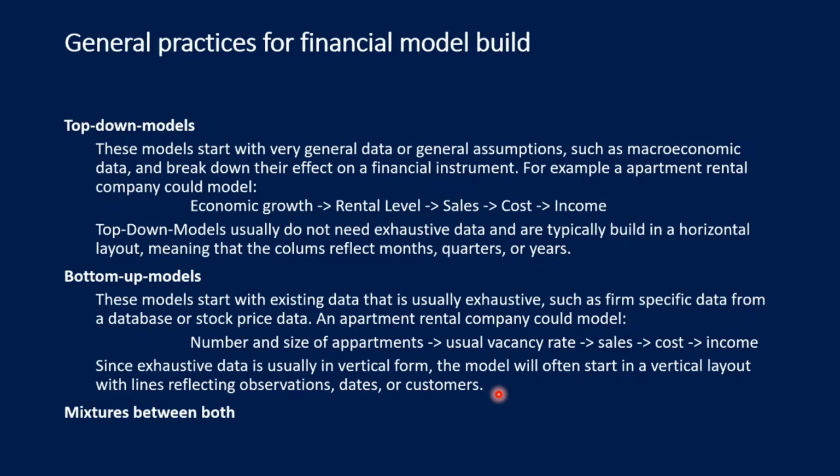Where are those bottom-up models used? Typically in short-term cash models, where you exactly need to know if cash comes in or cash goes out. So where certain exactness must be applied.